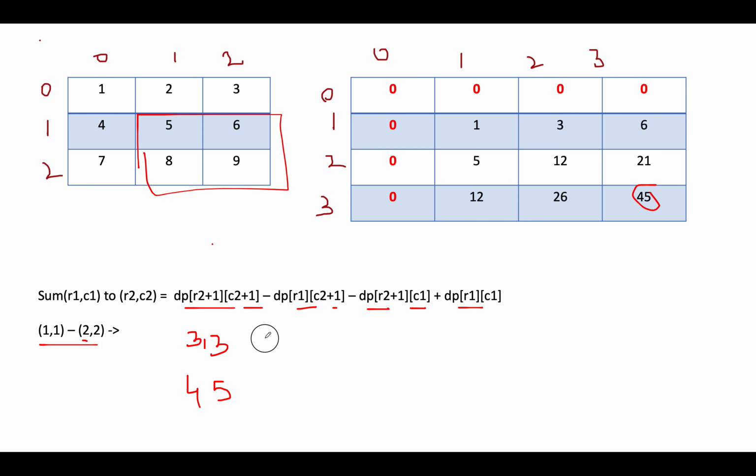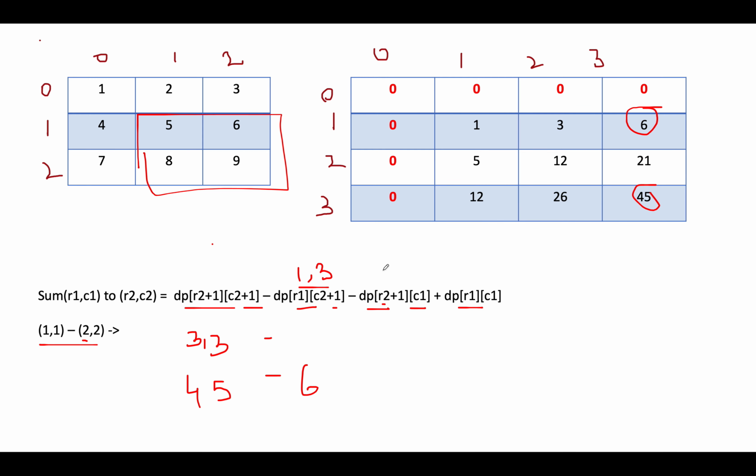And let's subtract. What is R1? R1 is 1. C2 plus 1 is 3, C2 being 2. So what is (1, 3)? We'll go and extract 6, minus 6, plus minus DP of R2 plus 1, C1.